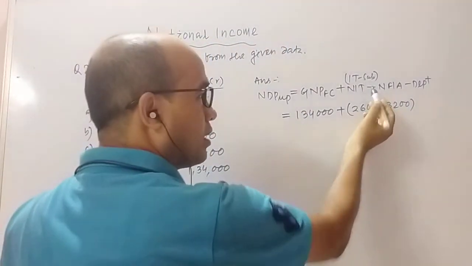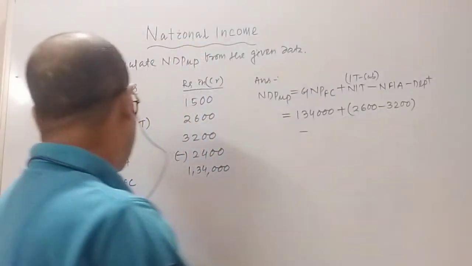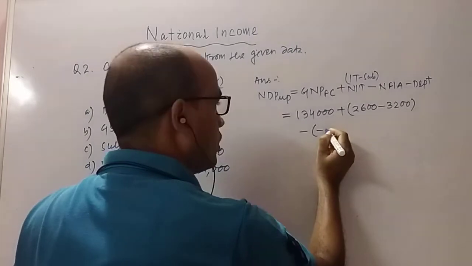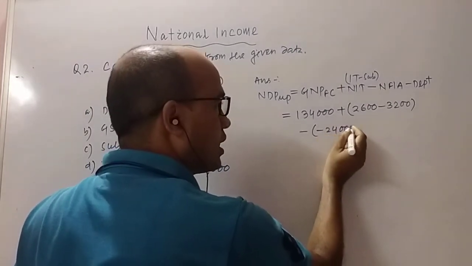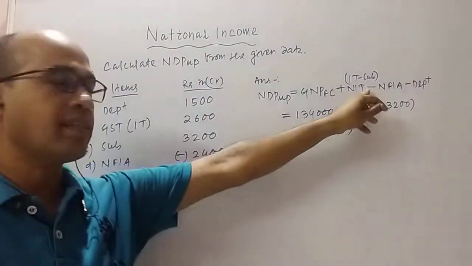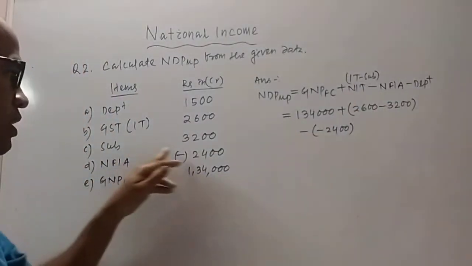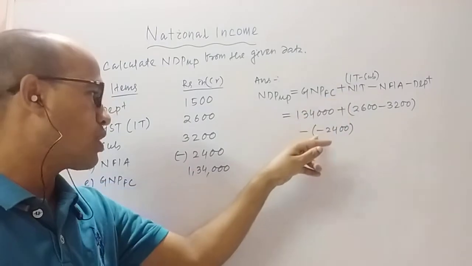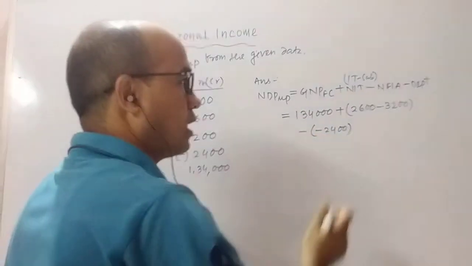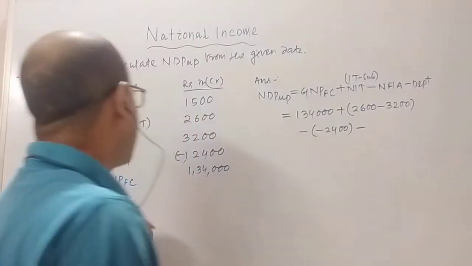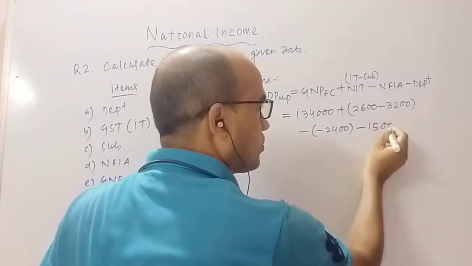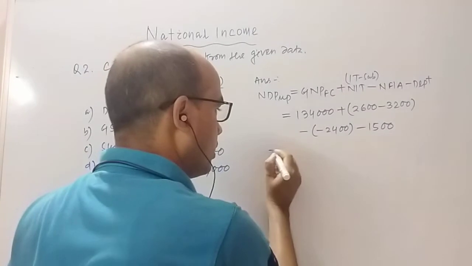After that minus NFI, and NFI is given as minus 2400. Once again, dear students, in the formula minus is there, but in the question NFI is given as minus. For the formula I have written minus, and for the question you write minus 2400. And depreciation is given as 1500.